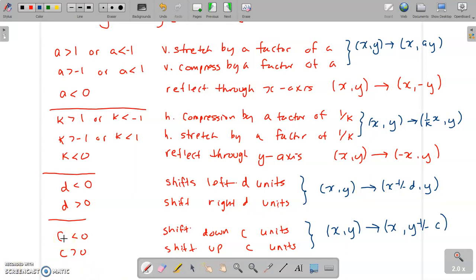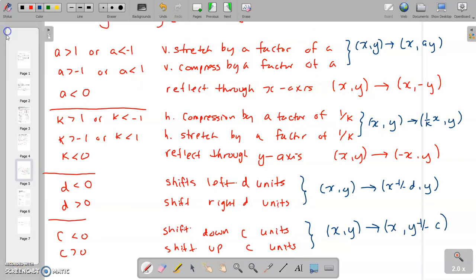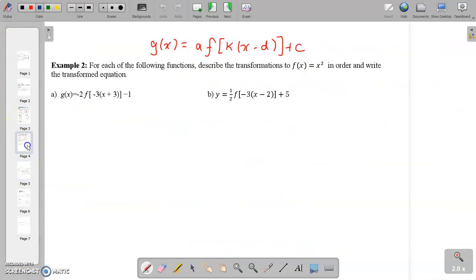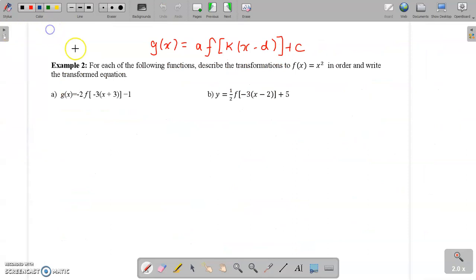So what we want to keep in mind when we want to describe the transformations are these sayings here. So if we go back to the given equations, we can use those as descriptors. First thing you need to do is identify what the different parts are.